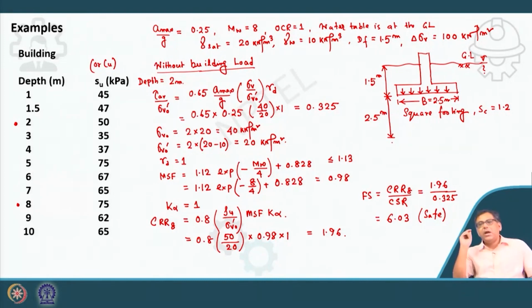So the influence zone will be up to 4 meter from the ground surface. So from the base of the foundation, this is 0. So up to this 2.5, your factor of safety will be the same. You have considered up to B, and up to that your factor of safety is the same.